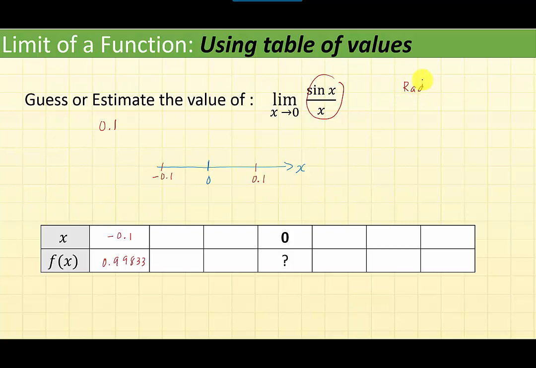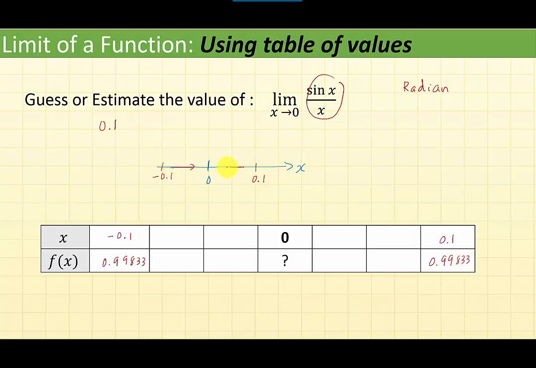In your calculator, go to mode and make sure to set the angle measure to radian. Sometimes it may be in degrees, so we have to make sure it changes to radian. When x equals 0.1, I also get 0.99833.